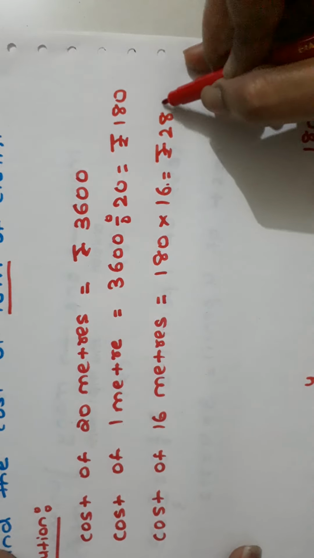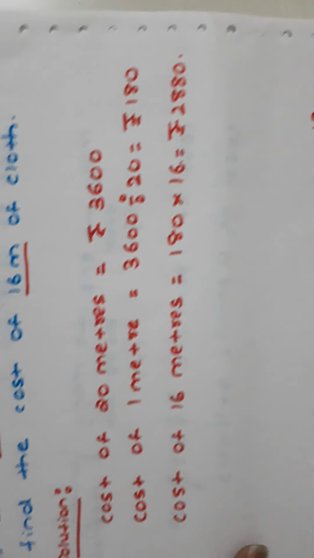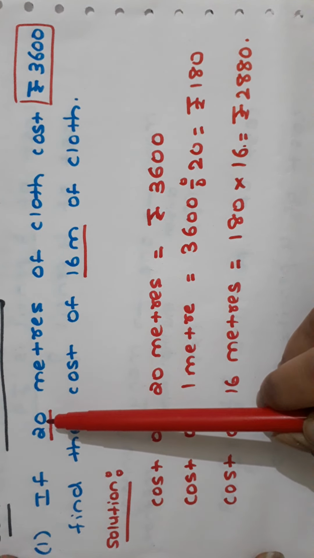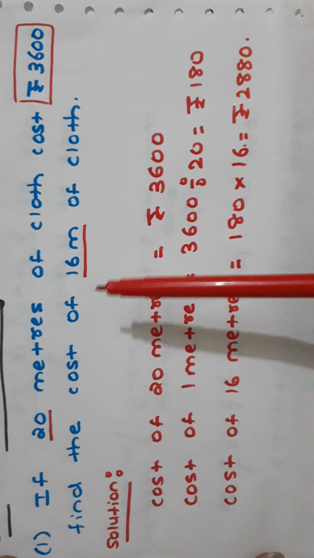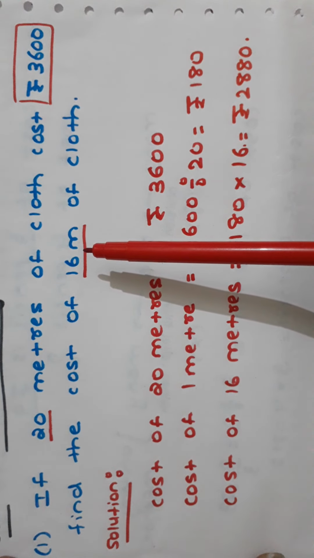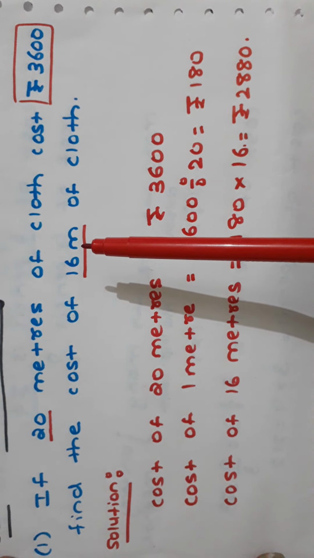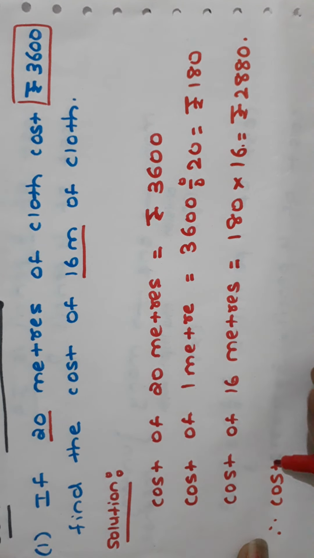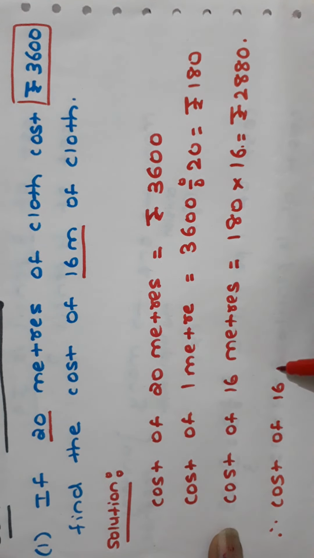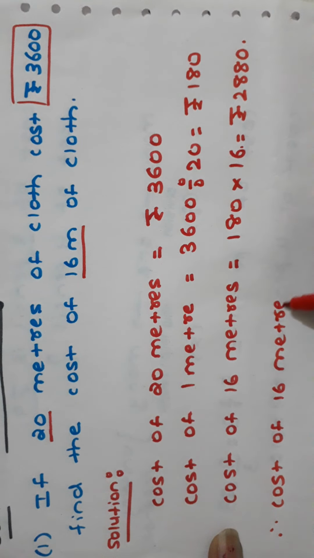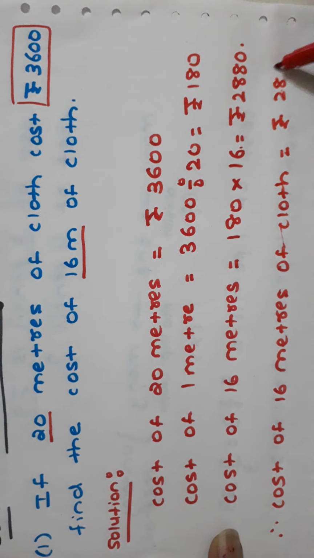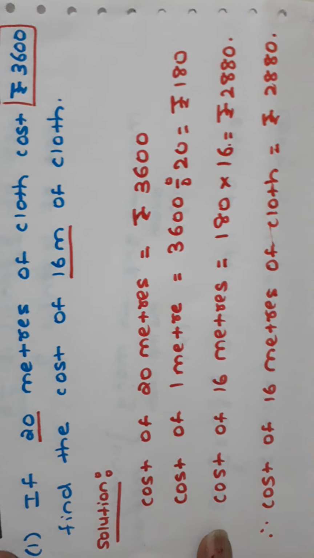Rupees 2880. So from the cost of 20 meters of cloth, we have found the cost of 16 meters of cloth by the unitary method. Therefore, cost of 16 meters of cloth is equal to rupees 2880.